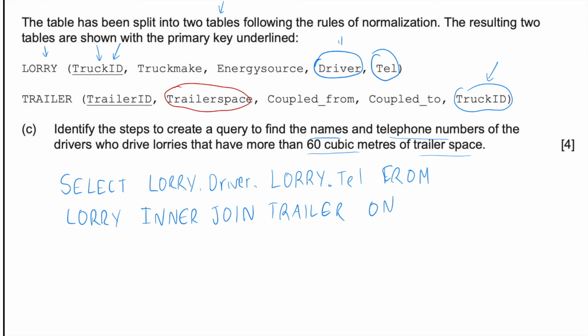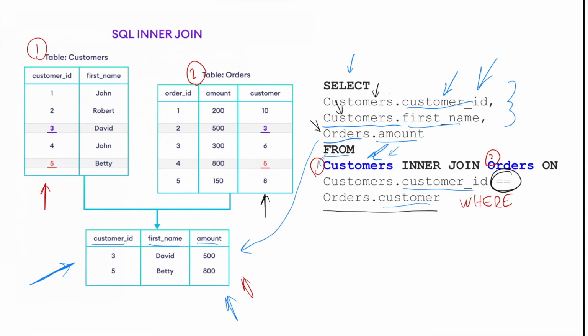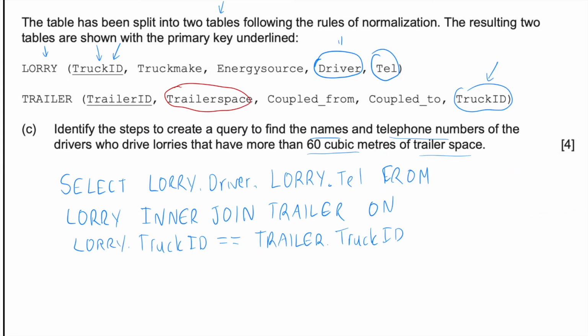So on lorry.truck ID equals trailer.truck ID. And that actually gives us our derived table. So that just gives us a basic table that will show us all the matching records. It would basically show us the driver and telephone for all the records that have a truck ID in lorry and a truck ID in trailer.